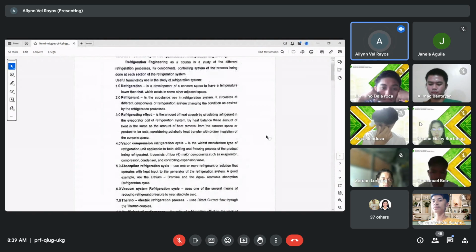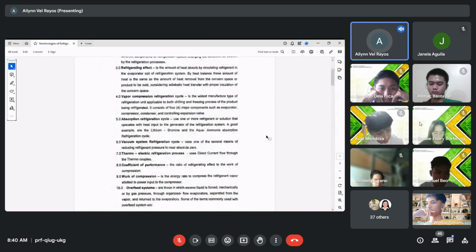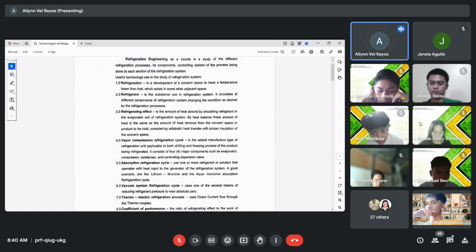So we have refrigeration, refrigerant, what refrigerating effect is. We have vapor compression refrigeration cycle. We have absorption refrigeration cycle. So isa-isahin na lang din natin. Babasahin in class para mababasa nyo din siya. So gawin na lang natin siyang alphabetical order.